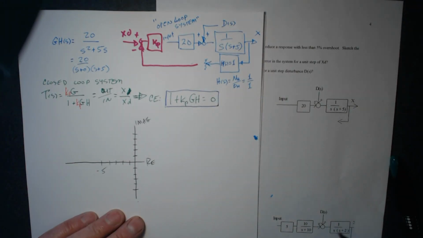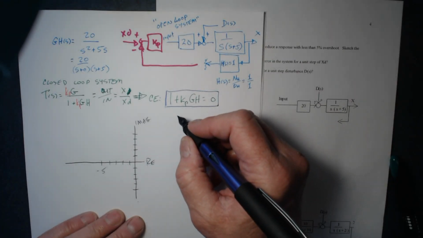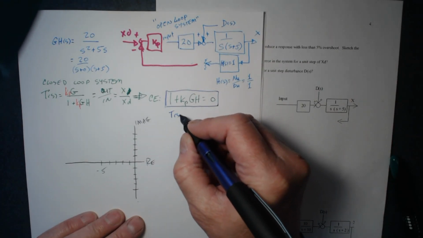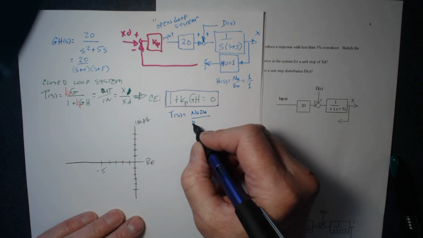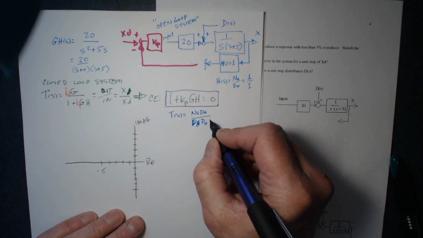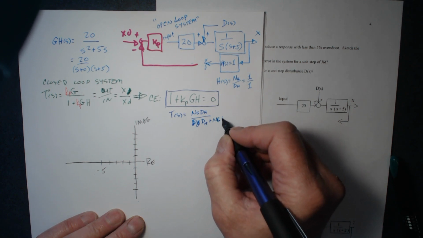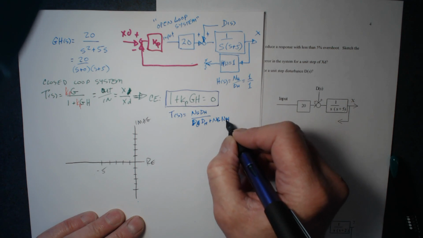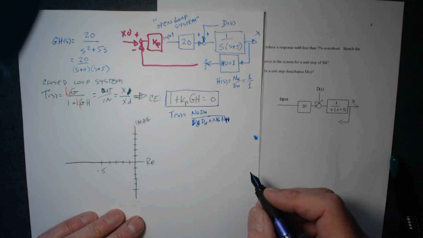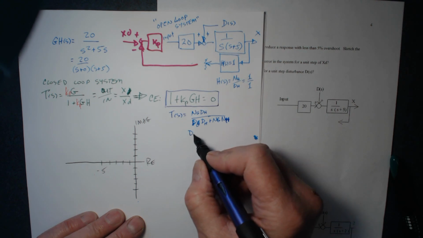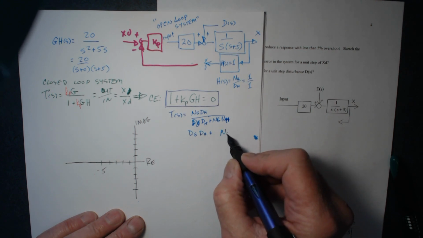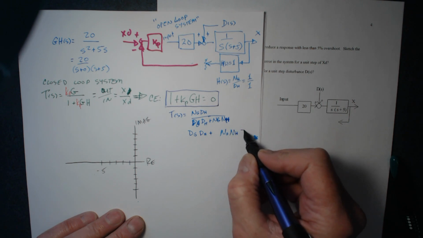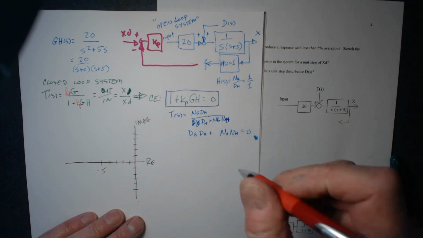It says that T of S also equals the numerator of G times the denominator of H divided by the denominator of G times the denominator of H plus the numerator of G times the numerator of H. So we know that, and that means that the characteristic equation is the denominator of G times the denominator of H plus the numerator of G times the numerator of H equals 0.